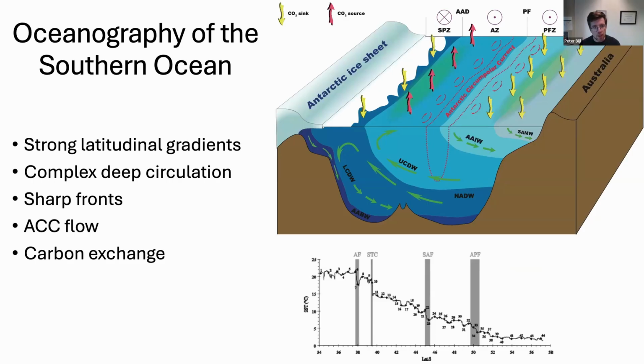But it also has a complex deep circulation underneath, with regions of upwelling and intermediate water formation, and bottom water formation close to Antarctica, of course. And all these different features are not gradually changing latitudinally, but are separated by sharp fronts that separate these oceans into different ocean zones.